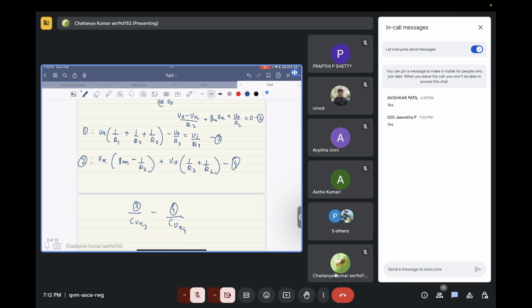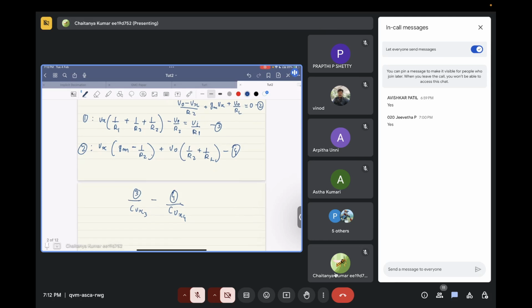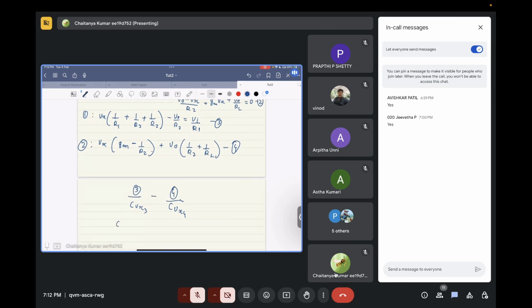We will get something in terms of Vi and V naught, and from there we can find V naught. So let's try doing that. CVx3 is this term, and this is CVx4.